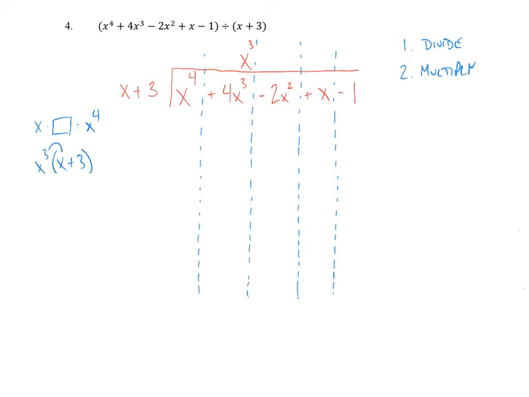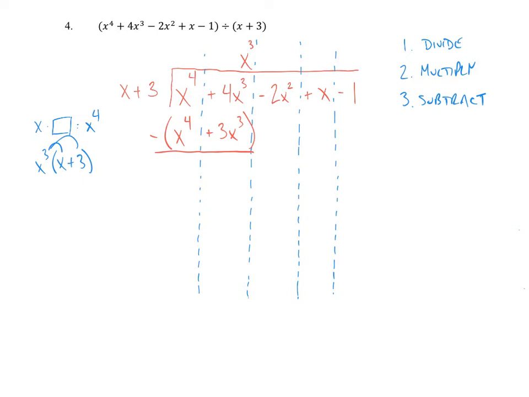Well, x cubed times x is going to give me x to the 4th. And x cubed times 3 is going to give me 3x cubed. And that's a positive 3x cubed. But now we are to step 3, which says that we must subtract. So now we are subtracting.